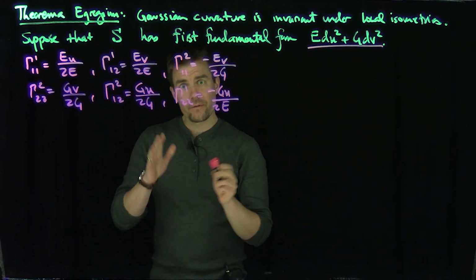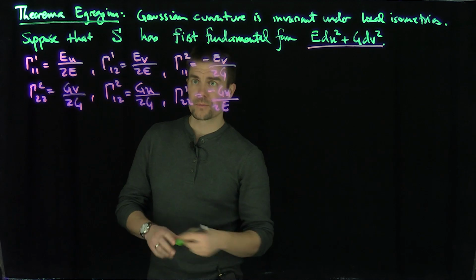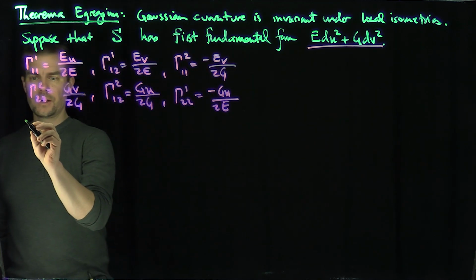And furthermore, we have an equation for the Gaussian curvature in terms of E and the Christoffel symbols.